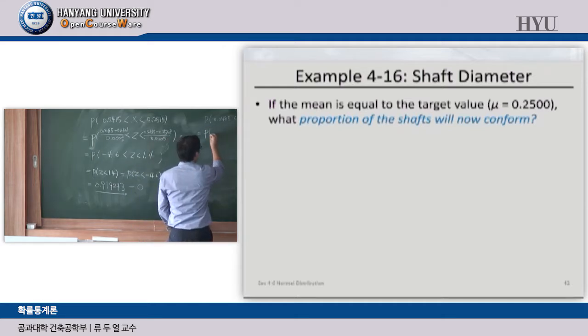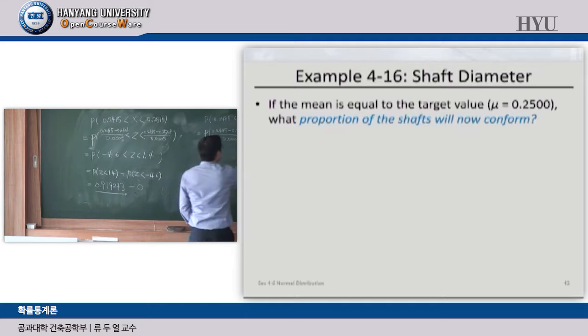So this can be changed to (0.2485 minus 0.25) over 0.0005, and (0.2515 minus 0.25) over 0.0005. Okay?